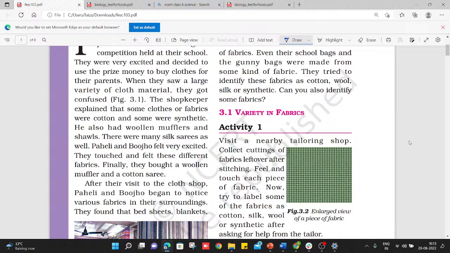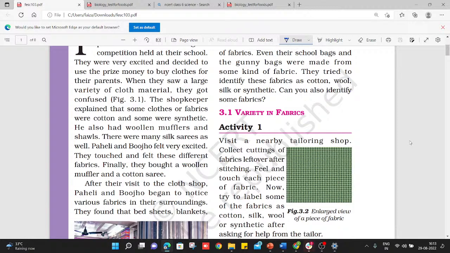So what you have to do is, we all have different kinds of clothes in our home, some clothes for winter and some for summer, and something that we can wear in both kinds of weather. So try to touch some different kinds of clothes or outfits that you have. Okay, that's an activity for you. Please touch them and see, you will see the difference between the fabrics.